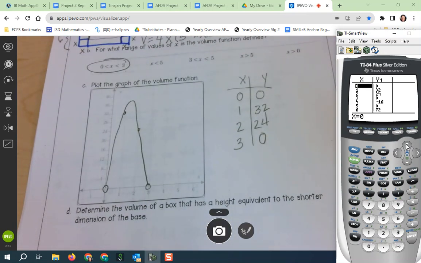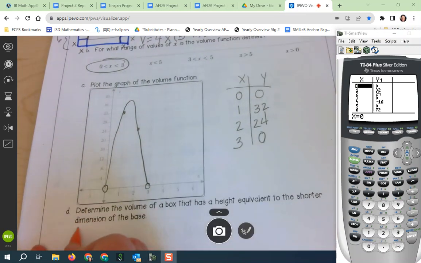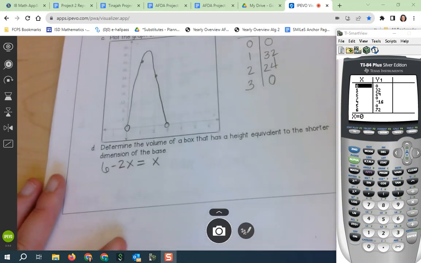Determine the volume of a box that has a height equivalent to the shorter dimension of the base. The base is the 6 minus 2x, right? And we want that to equal the height, which was x. And so we're just going to solve that.